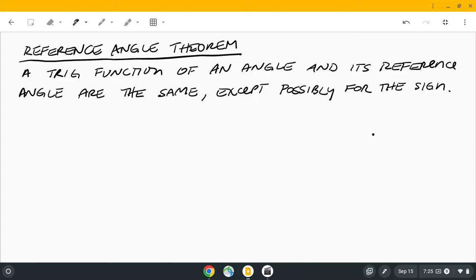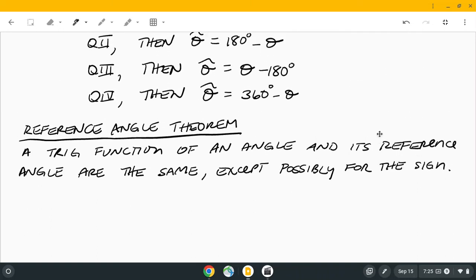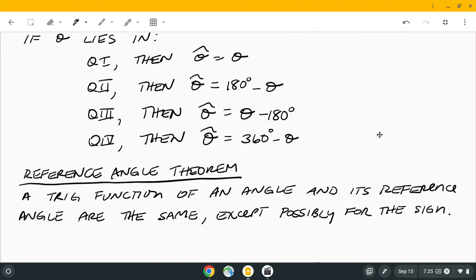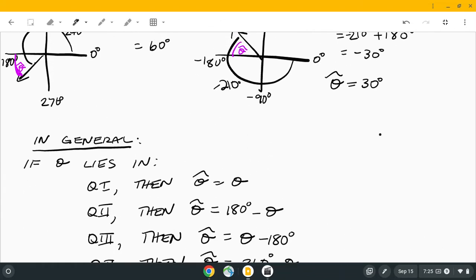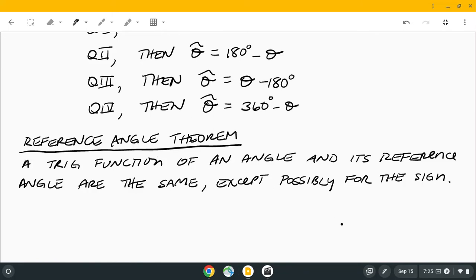Okay, so let's go back up here at some of these examples that we did. Let's go back to the theorem. It says a trig function of an angle and its reference angle are the same, except possibly for the sign, positive, negative.